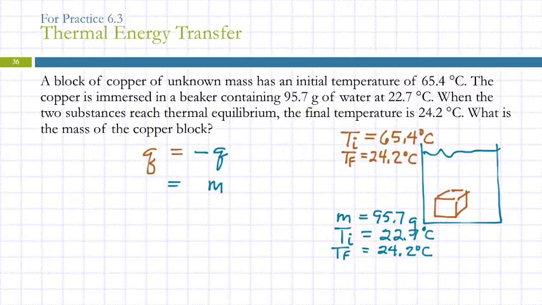So that's the mass times the specific heat capacity times the change in temperature. And I'm just going to put negative in the front. And for the copper, it's the same. The mass times the specific heat capacity times the change in temperature.